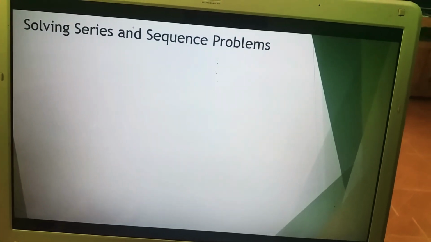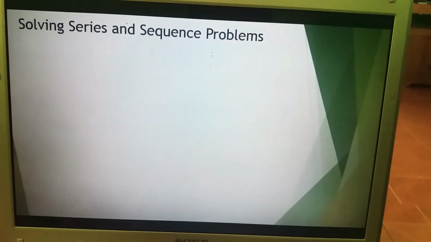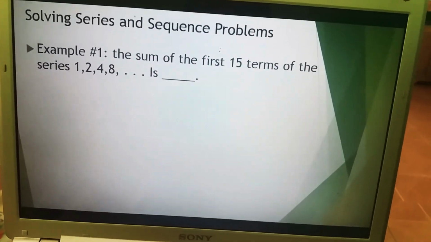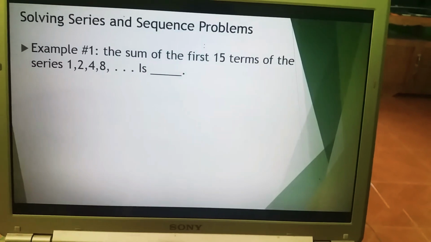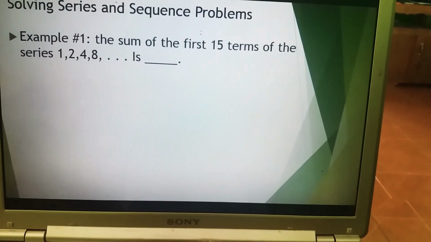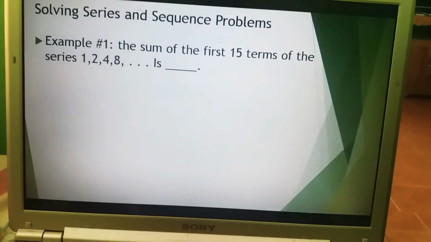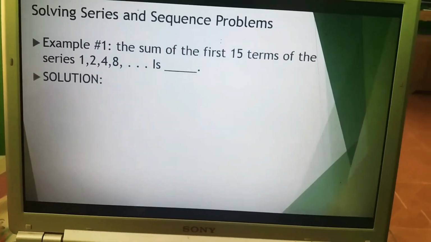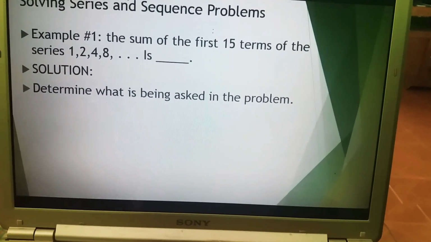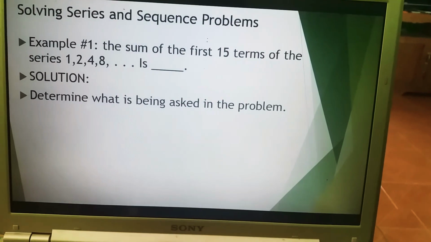Ayan. So, let's have an example. So, we have solving series and sequence problems. The first example: the sum of the first 15 terms of the series 1, 2, 4, 8 is what? So, the first thing we should do is determine what is being asked in the problem. What is being asked in the problem?